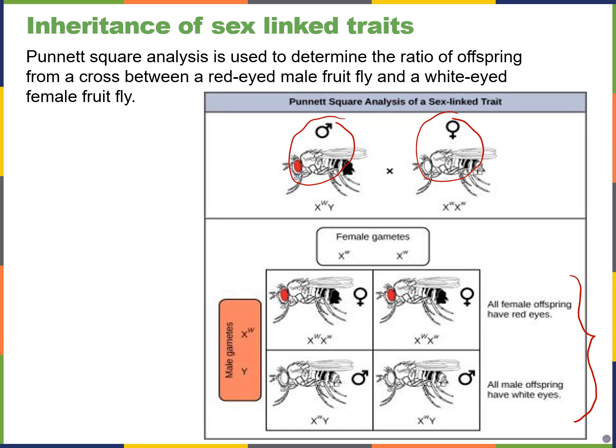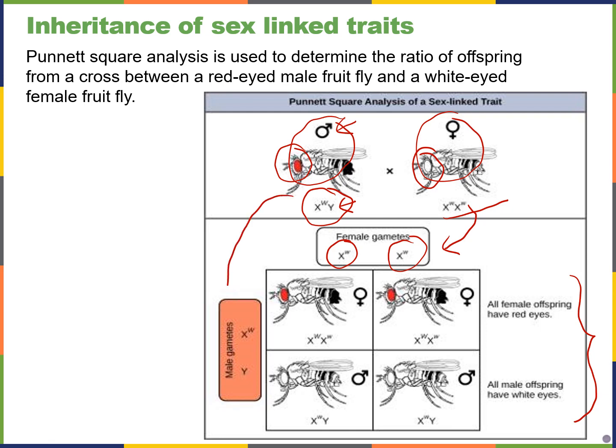We have a dad, and I know that because of the symbol, but also because of the Y chromosome. And he has a big W on the X chromosome, which is the wild type phenotype, the red eye. The mom is recessive for both of the alleles, which is the white eye phenotype. It looks like they're putting mom's gametes here. Gametes are haploid, so that's why you only see one allele above each box.